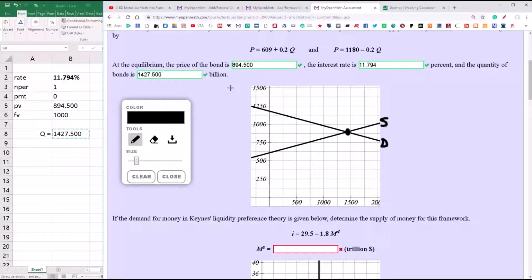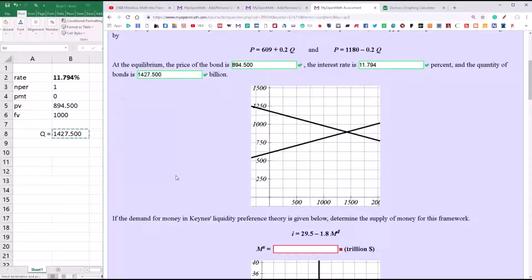This is the price of bonds, and this is the quantity of bonds. This right here is the equilibrium quantity, 1,427.5. And the price of the bonds is almost 900, 894.5. So this is the equilibrium price. We'll go ahead and close that and move on.